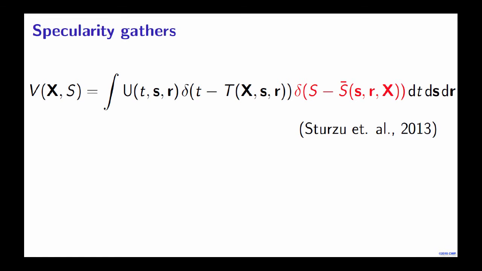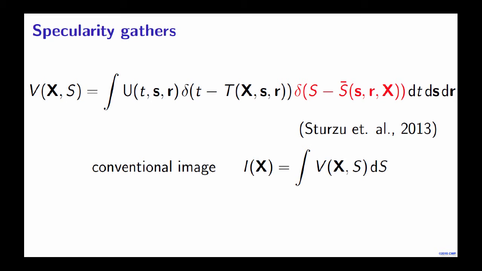So this way, if let's say we are doing 2D migration, for 2D case, the output of this equation is essentially a cube with the third dimension as the specularity dimension. And if we stack over this specularity dimension, we get our conventional image back.